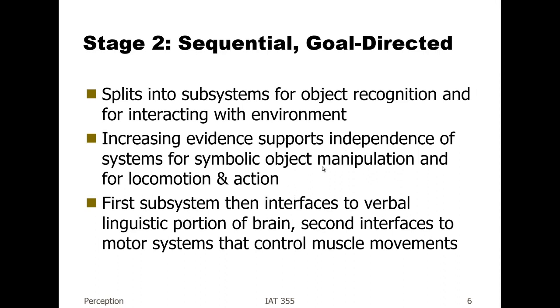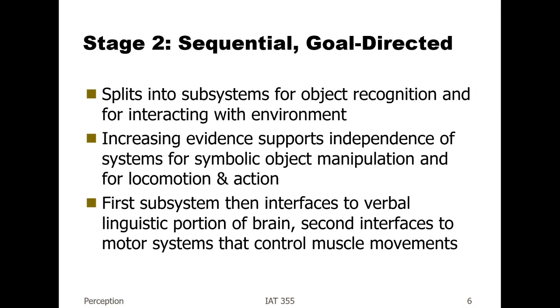The first system, symbolic object manipulation, then interfaces to the verbal and linguistic portion of the brain, the part of your brain I imagine you're using right now to understand the lecture, and the second, locomotion and action, interfaces to the motor system that controls muscle movements, and so on. It's the presence of these two systems that allows us to have a conversation while driving a car, for example.